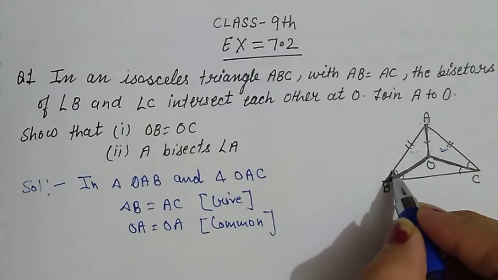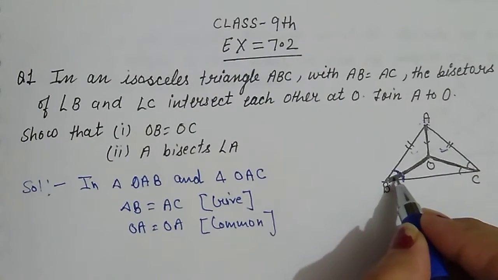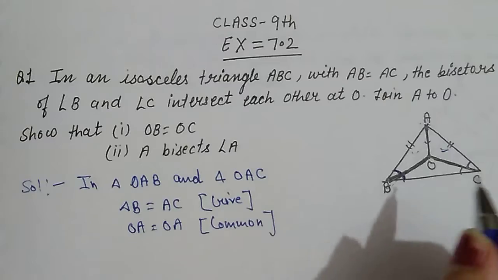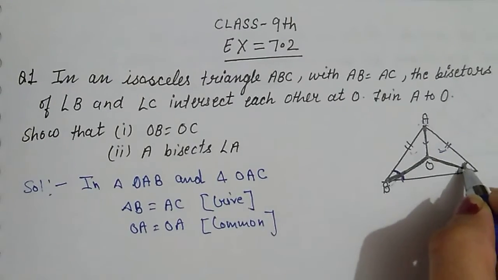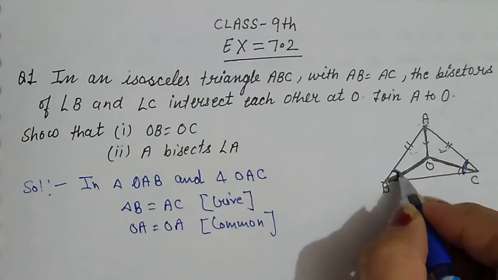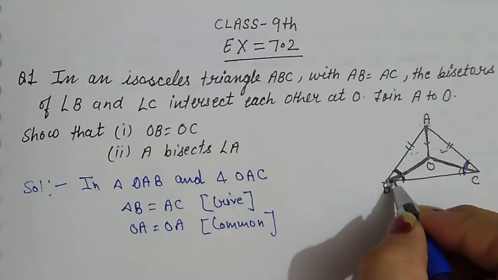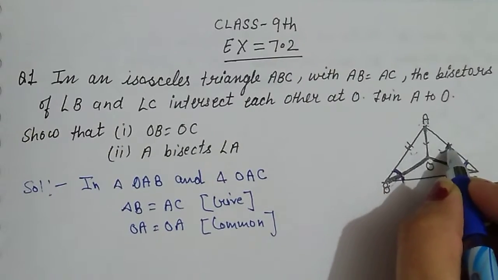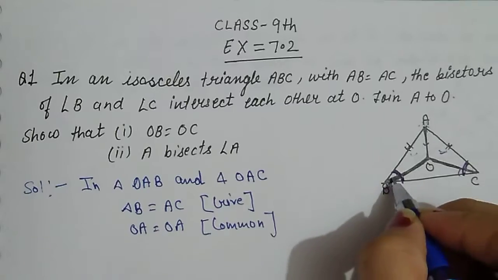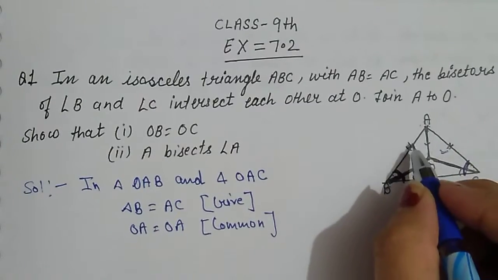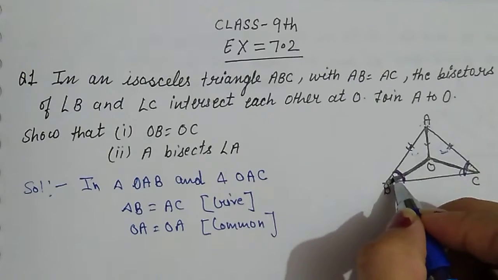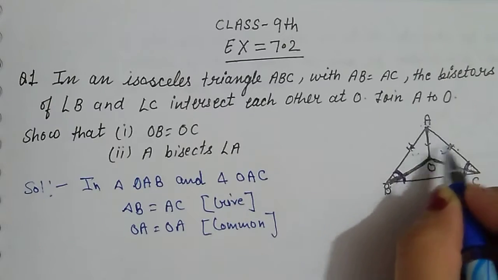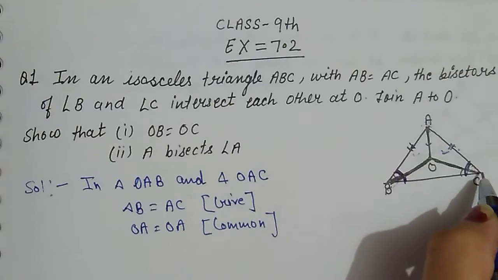You know that this angle is bisected, so this angle is equal to this one. Since these two sides are equal, the angles opposite to equal sides are equal. We have already discussed this theorem.